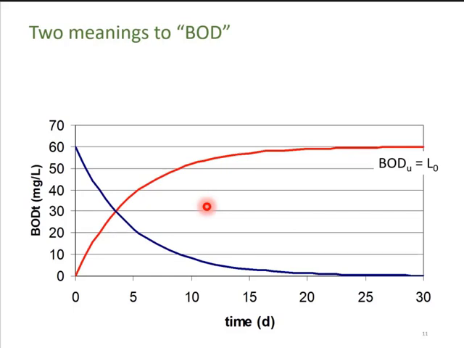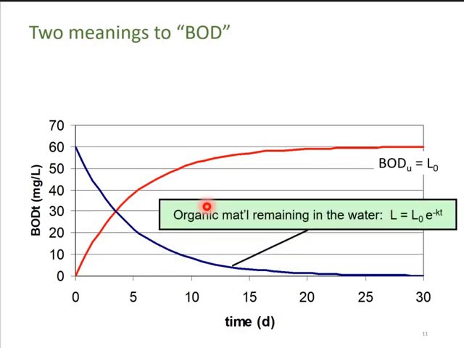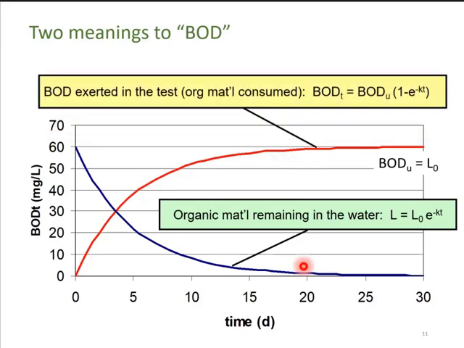So when you're talking about BOD, you can talk about BOD as the organic material that's in the water. Engineers will say water has a certain amount of BOD. They're talking about the concentration in the water, and that concentration declines over time as bacteria consume it. And in the lab, what we measure is the BOD that is exerted in a test.